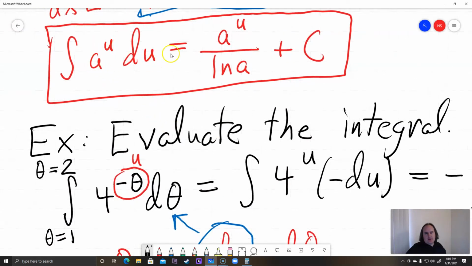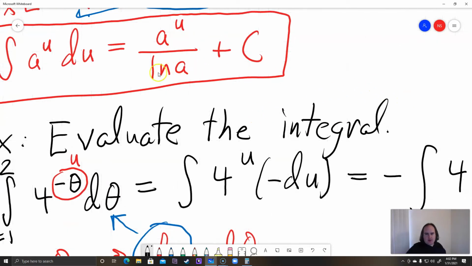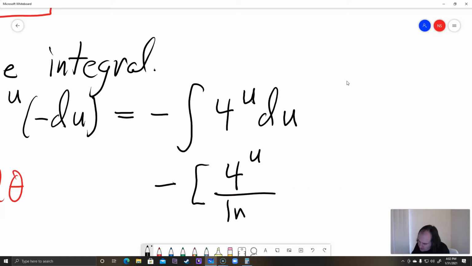The integral of a to the u du equals a to the u over ln of a plus c. Now, here our a is actually 4. So we're going to end up dividing by ln of 4. Right? And we still have a minus out front. So we have minus 4 to the u divided by ln of 4.